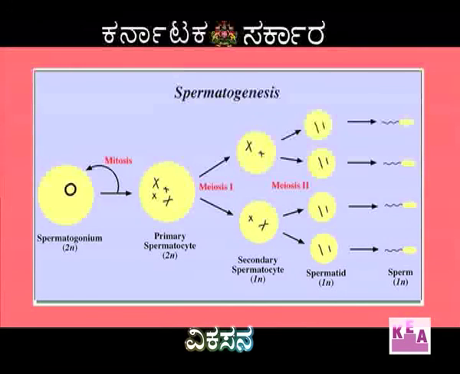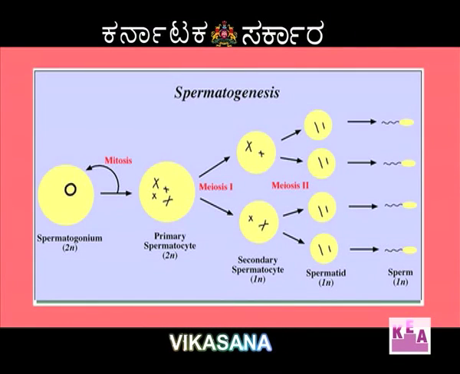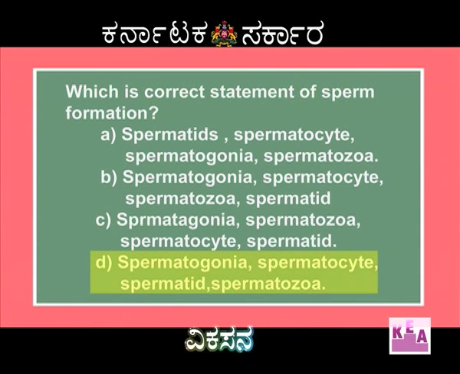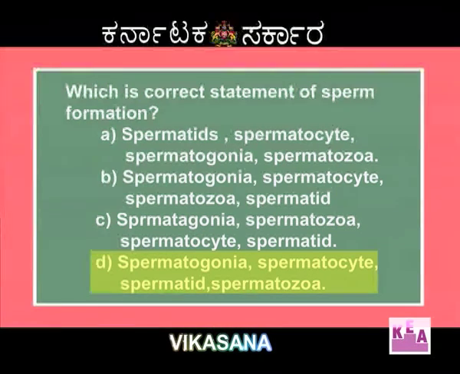These two secondary spermatocytes undergo the second meiotic division, a reductional division, forming four spermatids, and finally the spermatids get converted into motile spermatozoa. So the correct option is option D: spermatogonia, spermatocytes, spermatids and spermatozoa.